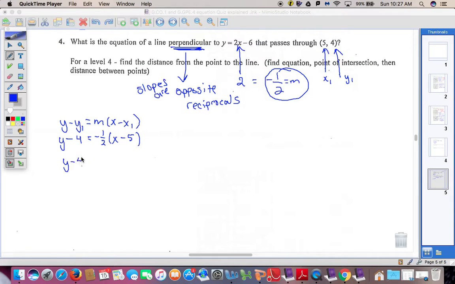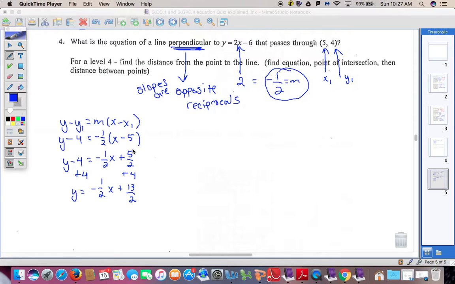So y minus 4 is equal to negative 1/2 x plus, because a negative times a negative is a positive, 5/2. My next step would be to add 4 to each side. And when I add 4 wholes to 5/2, I get y equals negative 1/2 x plus 13/2.